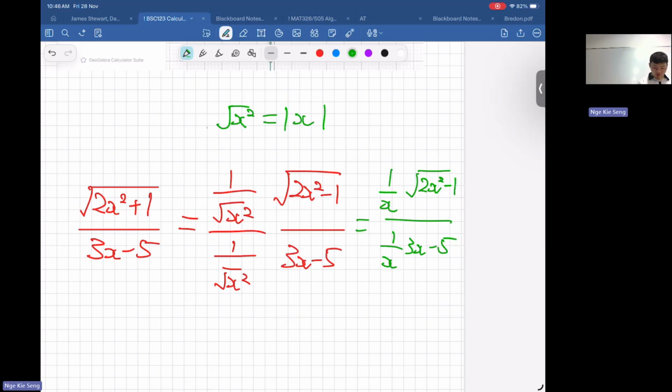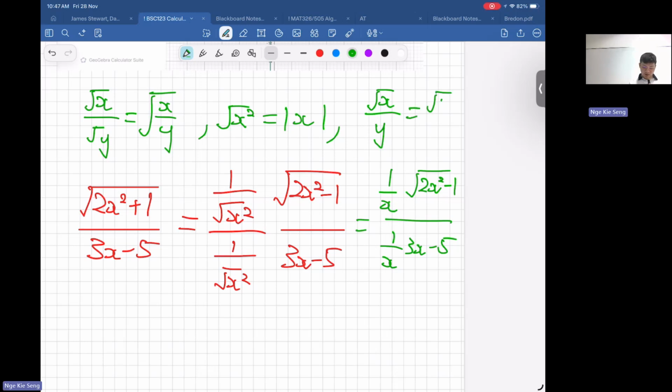One thing we need to remind ourselves is that the square root of x over the square root of y equals the square root of x over y. But the square root of x over y squared might not be the square root of x over y. You can think of a number where this doesn't hold.